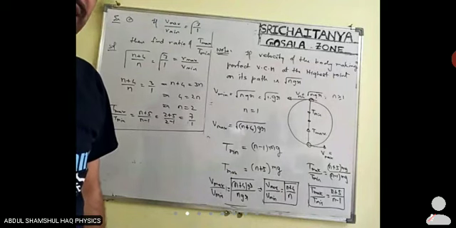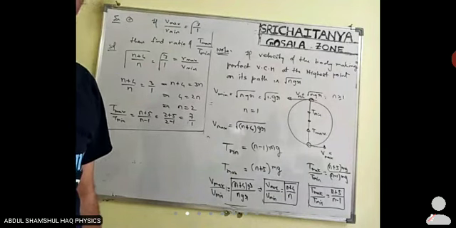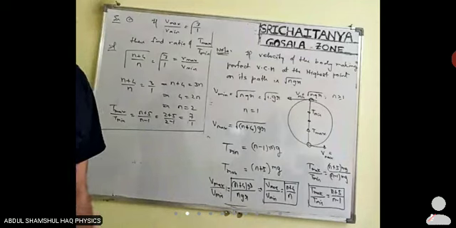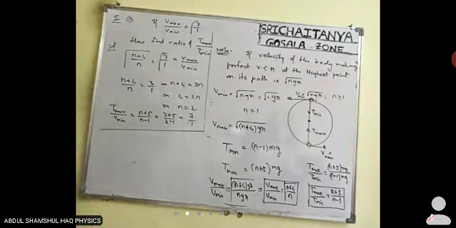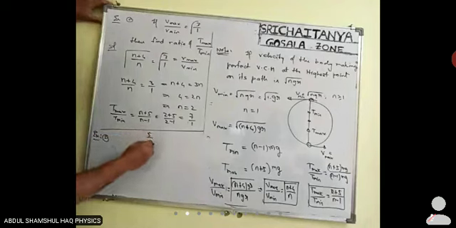Students, can I give another question? For practice, shall I give another question? Suppose this time I will reverse. 5 by 2 I will give as the ratio of T maxima to T minima.